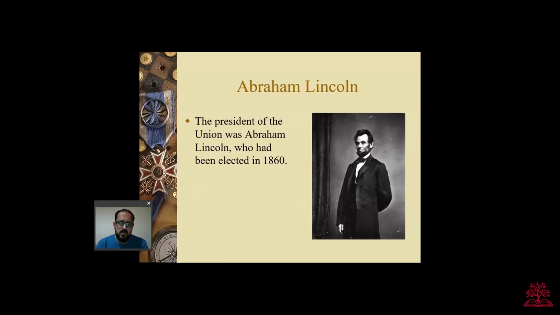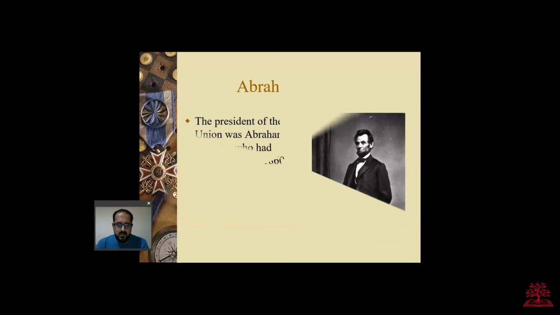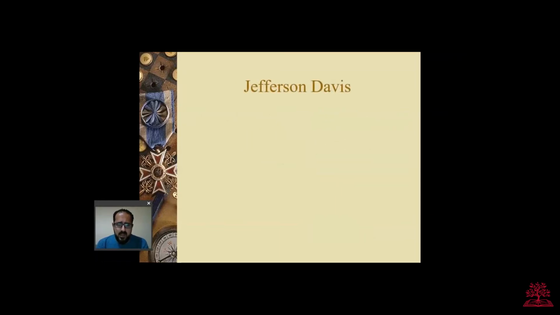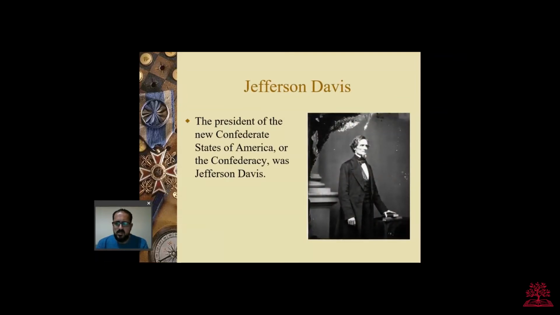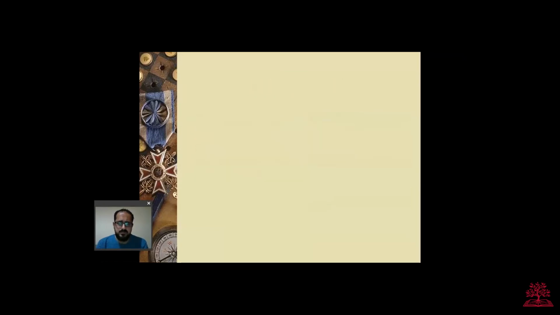I'm sure that you've seen his statue somewhere in America, or at least some pictures of him. And this is Jefferson Davis, the president of the new Confederate States of America, or CSA, or the Confederacy. This is a picture of him. So these were the leaders of the Civil War.